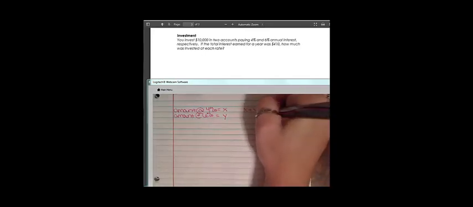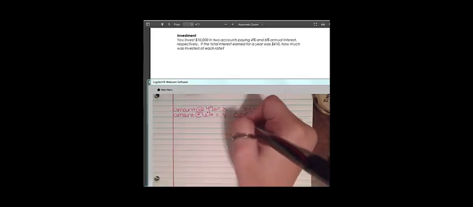Now, we don't know how much we're investing at each, but we do know that our total interest for a year was $410. So we're going to get $410 from both of our investments. So that means we're going to take 4% times our X. Remember, you have to write that as a decimal. And then you're going to add to that however much you're going to make at the 6%. Sorry, I'm going to rewrite that because I crammed it in. 0.04x plus 0.06y equals the 410.